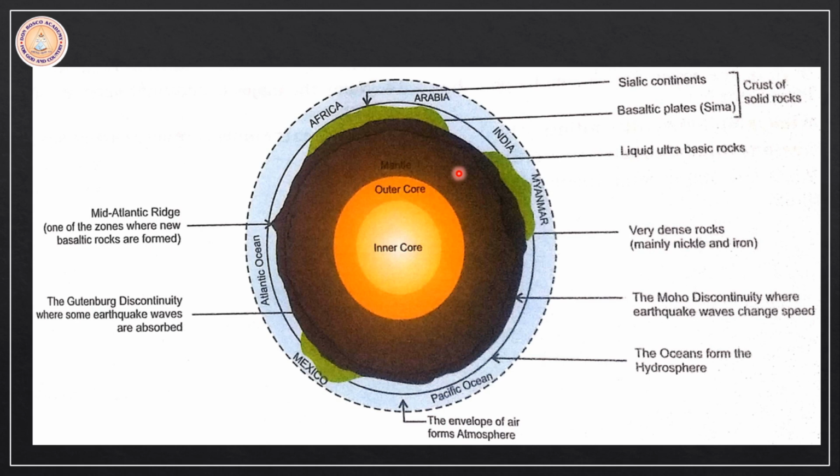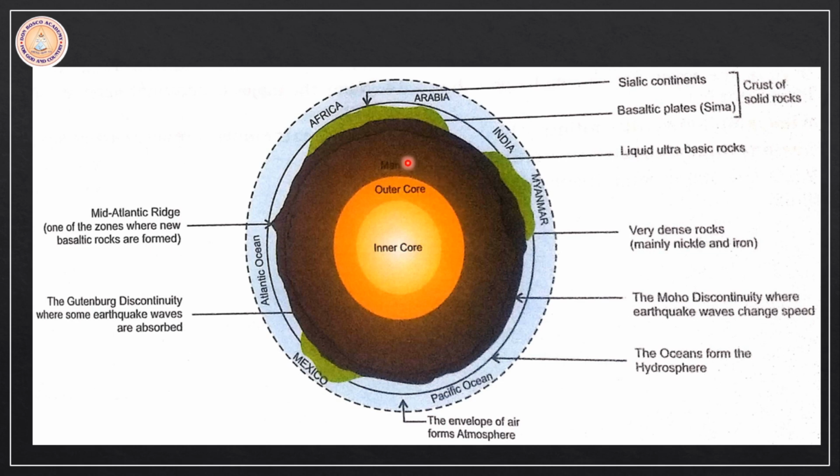The mean density of the mantle is about 4.5 gram per cubic centimeter. It varies from 3 gram per cubic centimeter on top to 5.5 gram per cubic centimeter at the bottom.